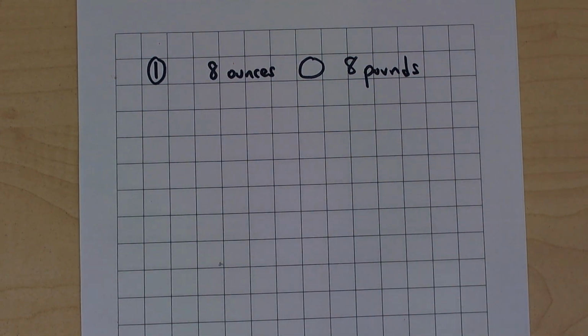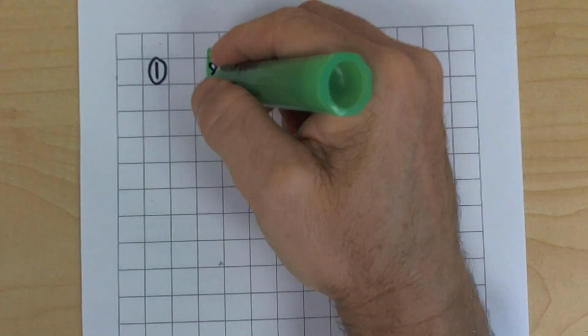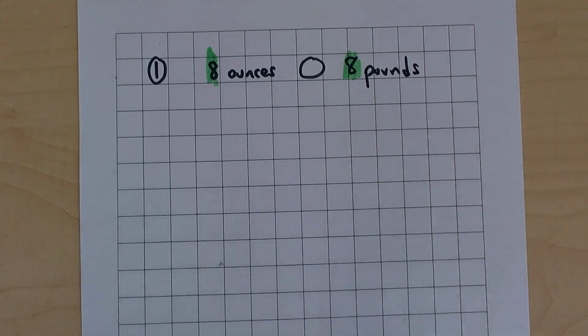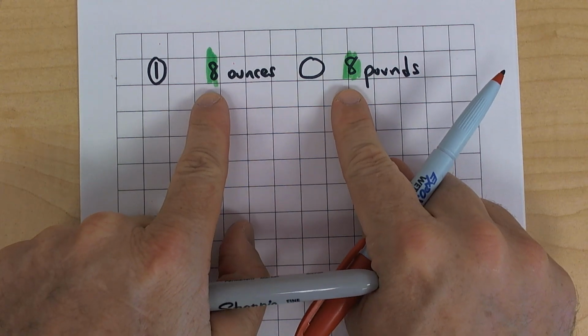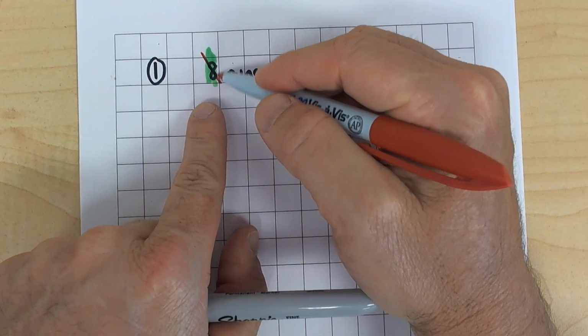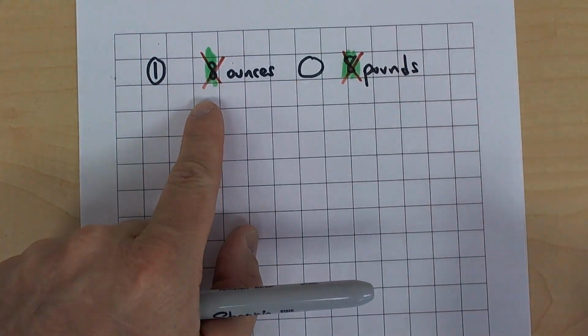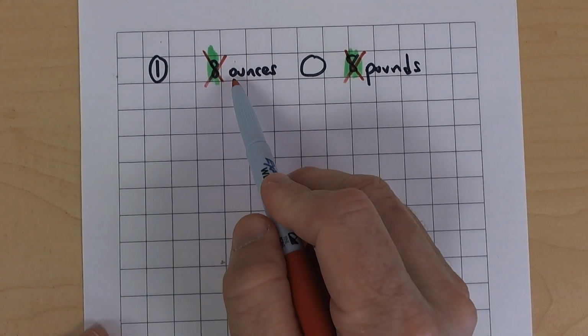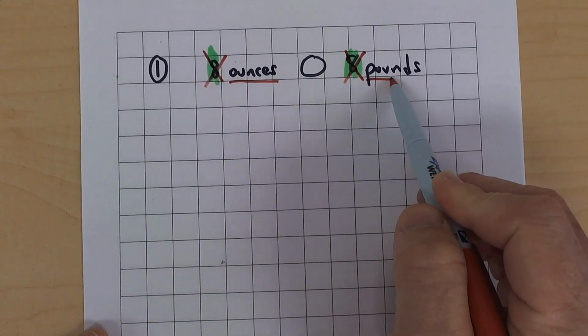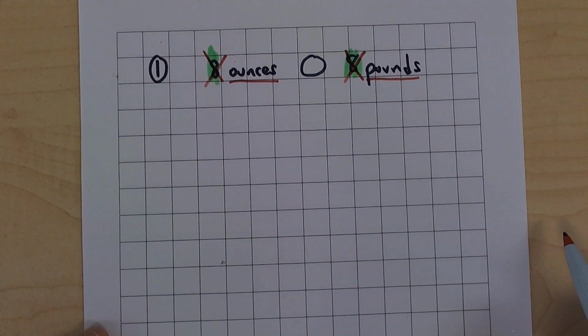We also know that the number of pounds and ounces are the same. So just like we learned in the previous two lessons, when the number of each unit is the same, we cross out those two numbers. And now we ask ourselves, which unit is a larger unit of weight?